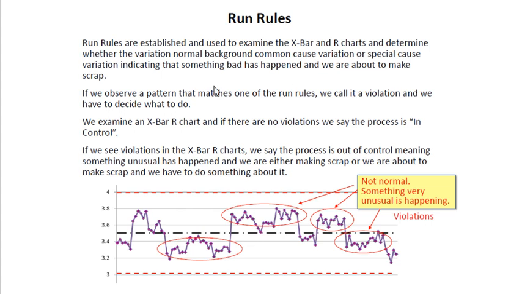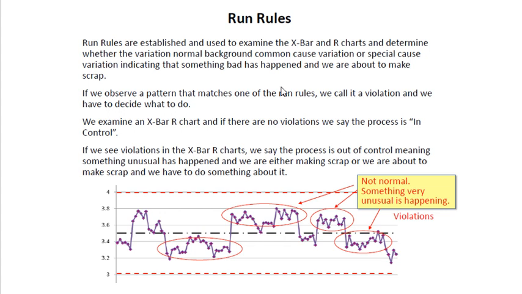Special cause means something bad happened, and we're about to make scrap, so we have to eliminate something. Common cause is okay, it's in normal conditions. So you need to know the difference between them.